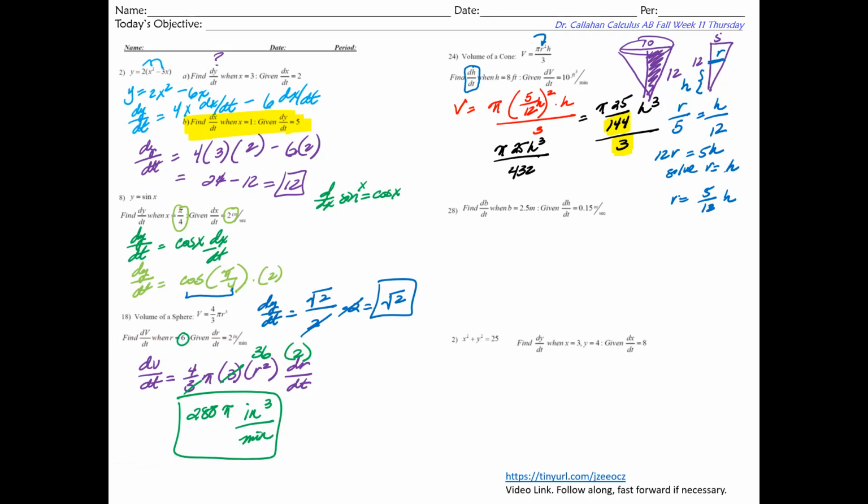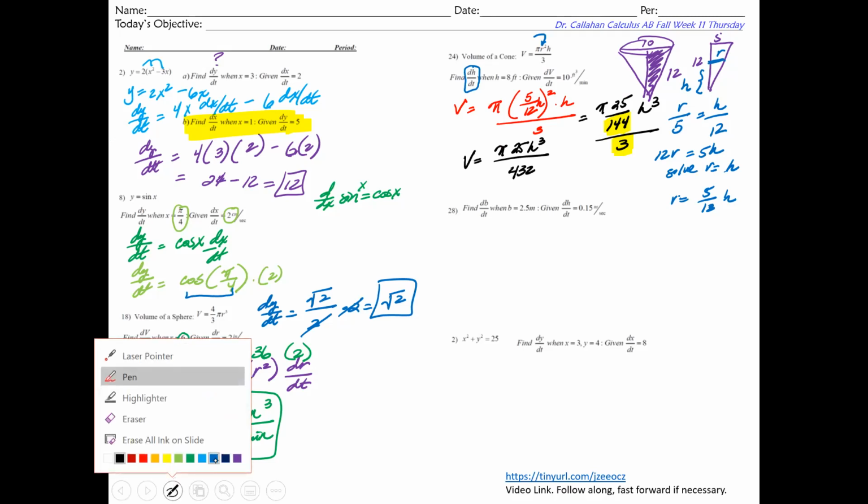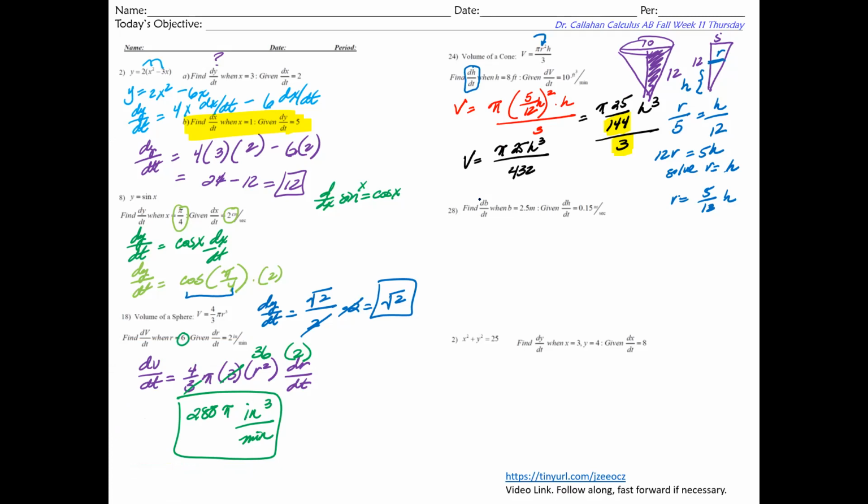Once I have it in this format, because volume equals this, I can now proceed to finding the dv over dt. Because it's given to me that dv over dt is 10, I want to find the derivative of volume, so I can set it equal to 10.